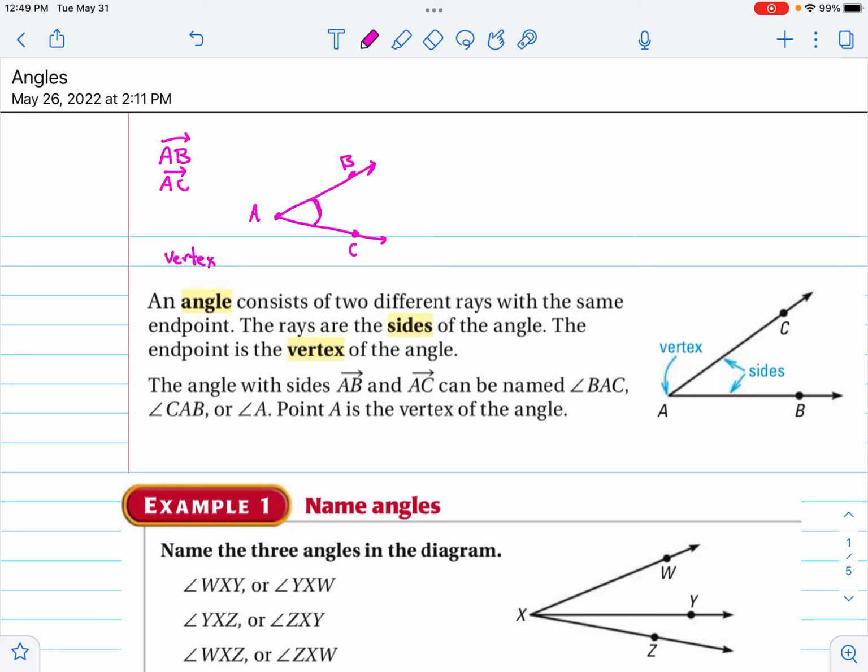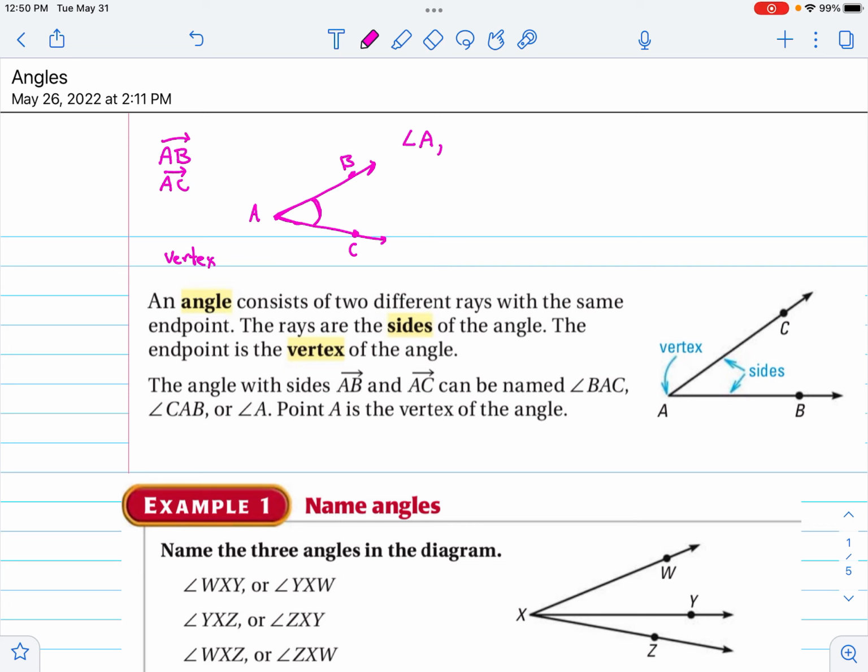And we would refer to that angle with a little symbol that looks like an angle, A. So this right here is called angle A. Now, there are different ways that we can name this angle. This is one way.